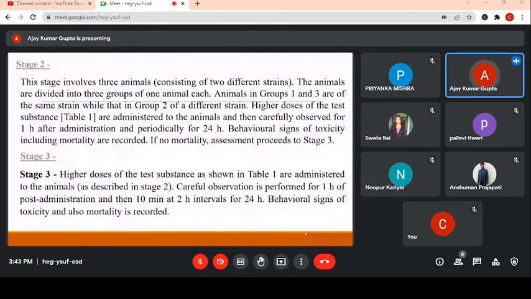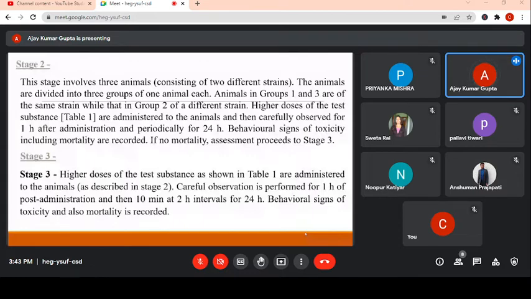The animals are divided into 3 groups, 1 animal in each group. Animals in group 1 and 3 are of the same strain, while group 2 will be of a different strain, as stated earlier. Higher doses of the test substance are administered to the animals.